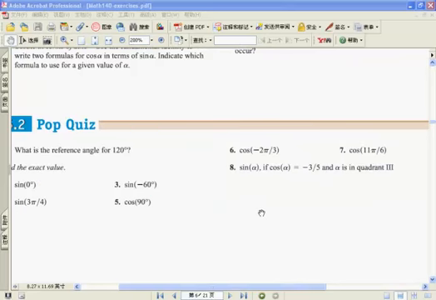Now let's look at problem 8. We need to find sine alpha if we know cosine alpha is equal to negative 3 over 5 and alpha is in quadrant 3. So it's page 445, and this is the pop quiz from 8.